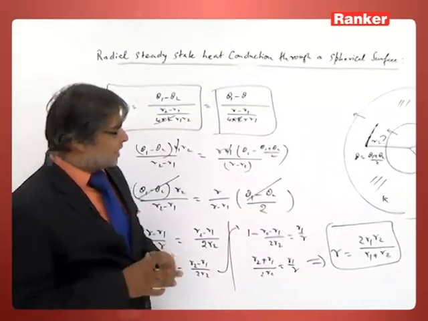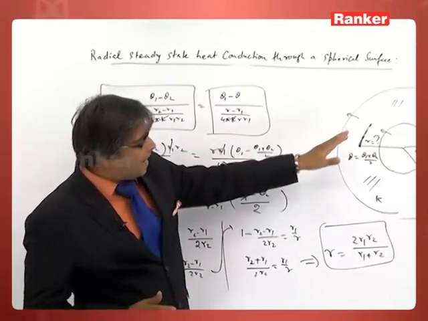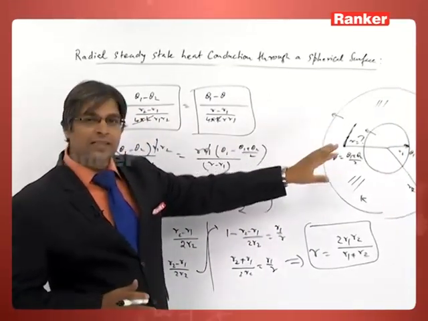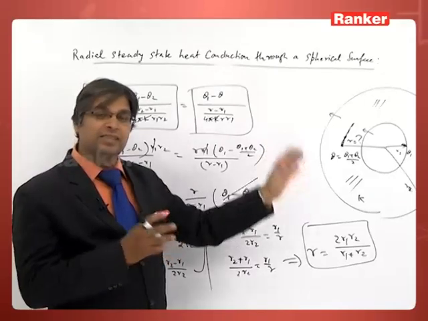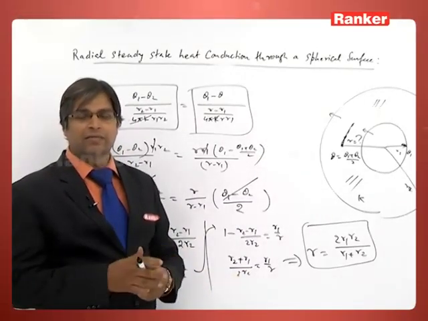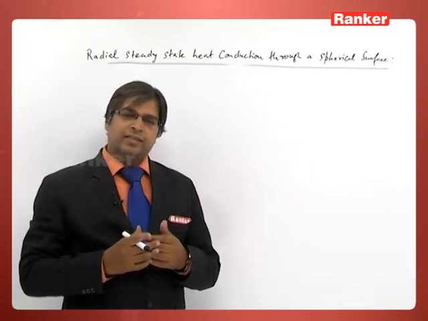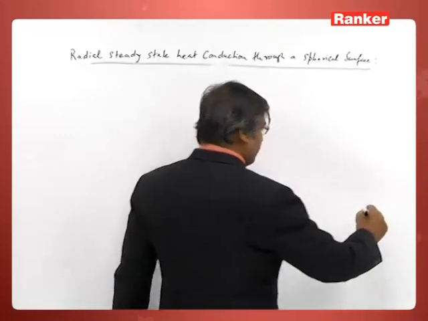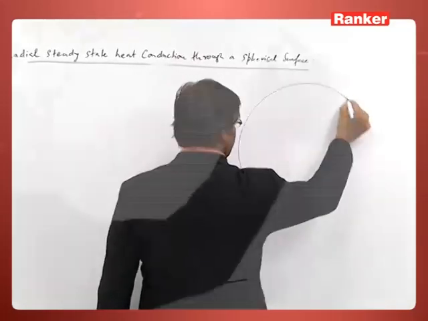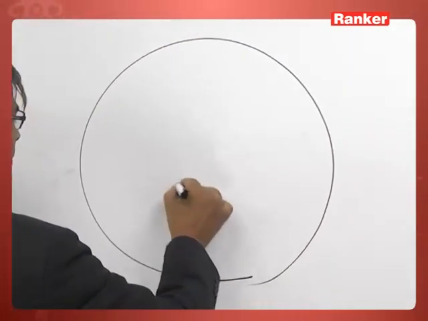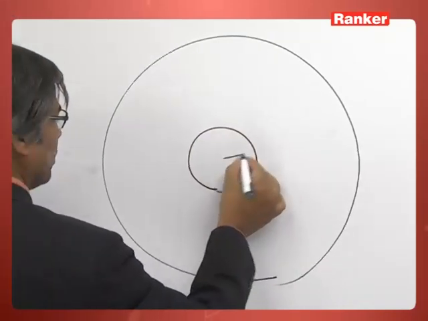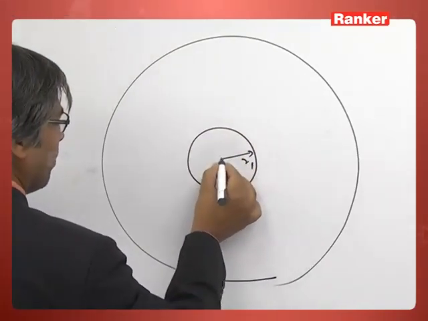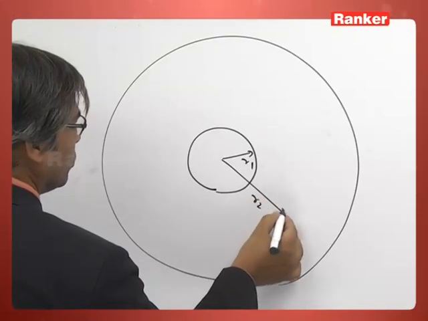Now, let us see once again, if we have two spherical thermal resistors in series, then how to calculate the net heat flow. So, we are interested in spherical thermal resistors in series. We have two thermal resistors that are spherical. This is R1, this is R2.